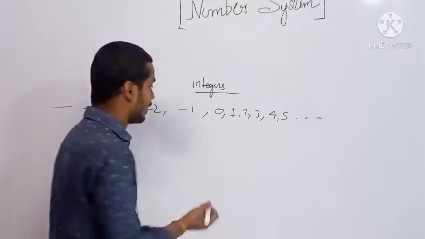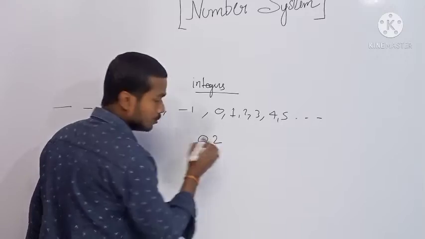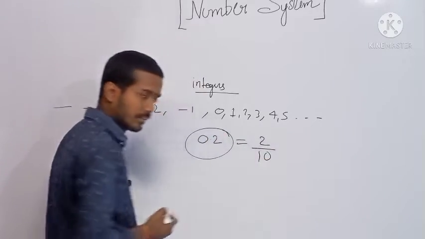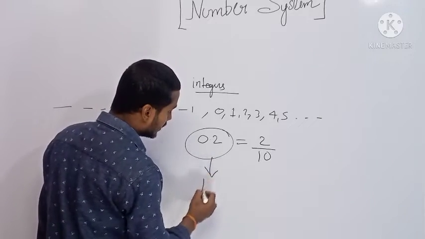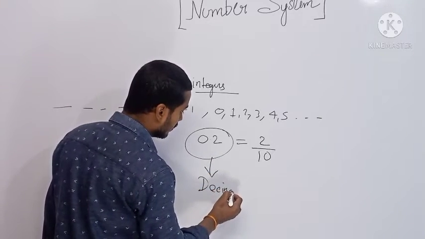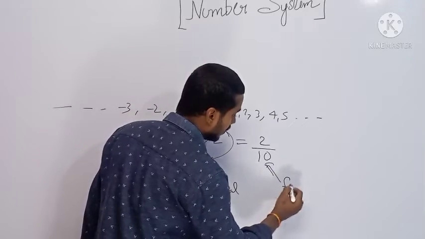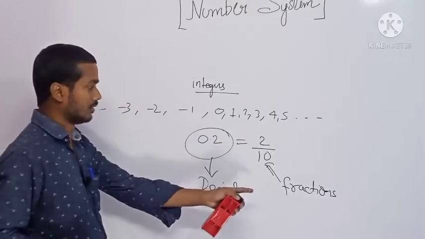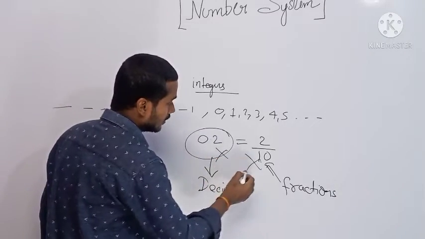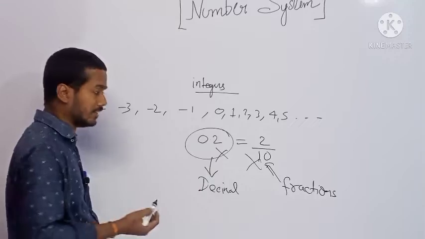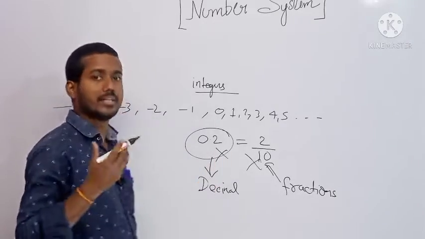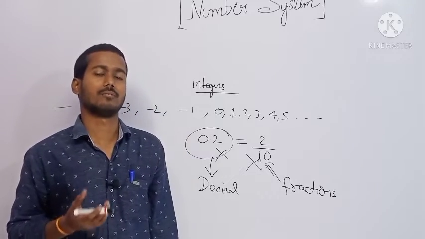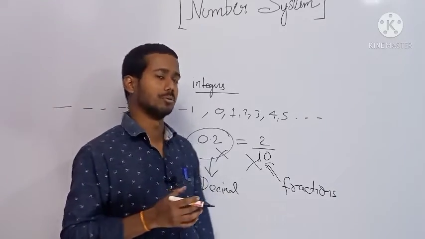Like 0.2, you can also write it as 2 by 10. This is decimal and this is a fractional representation. So these two are not included in integers. An integer is itself a complete number, without any fractional portion or decimal portion.